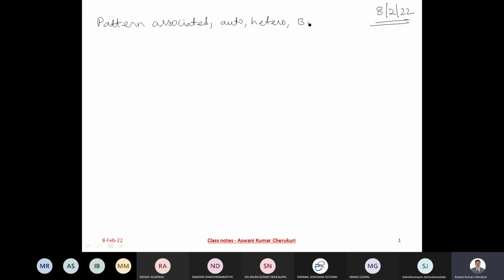Also, we have discussed in the previous class bidirectional associative memory, where two different patterns X and Y, or S and T, get associated and stored in the memory. Not only one set of patterns, there is a way where you can store multiple patterns.